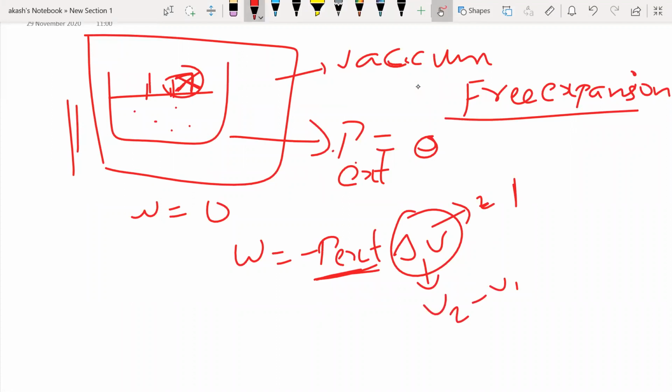What they're telling is V2 is 2V1, so del V is 2V1 minus V1, which is V1. So it's not 1, it's basically going to be V1. Whatever the initial volume is, that is del V. So we have to find somehow the initial volume. This is the small mistake which I mentioned.